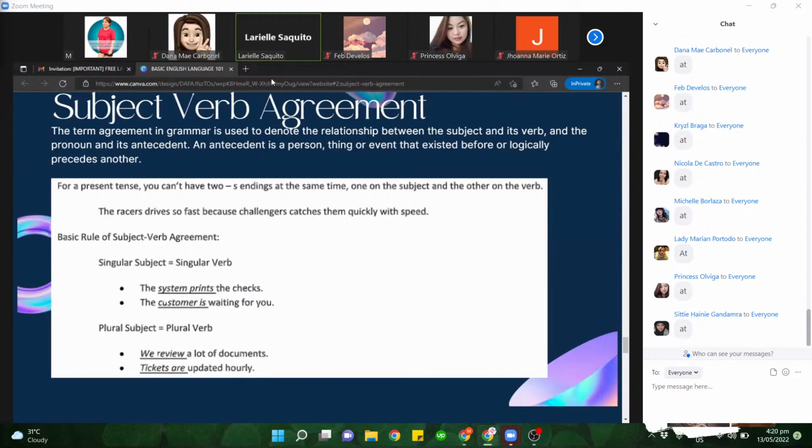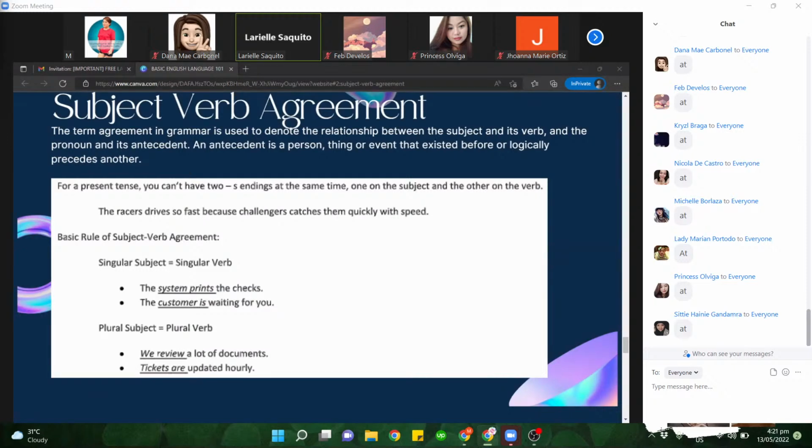So one of the subject verb agreement that we have mentioned is in regards with the singular usage of the subject equals singular usage of the verb as well. And likewise, if we have a plural subject, the verb that we should have should be a plural verb as well, right? So for example, the system prints the checks, the customer is waiting for you.